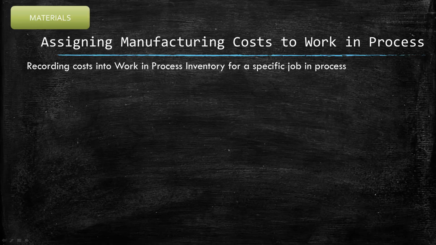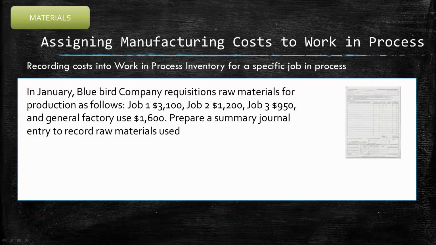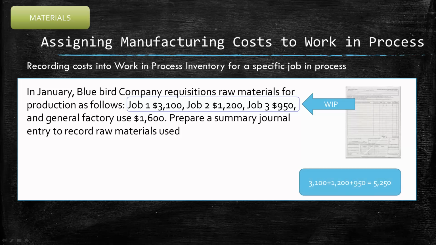So let's start with materials. In January, Bluebird Company requisitioned raw materials for the following jobs. And we have job 1, job 2, and job 3. And so those are the costs that are going to go into our work in process inventory account. And if we add those together, we get $5,250. Then it tells us that materials related to general factory use were $1,600.